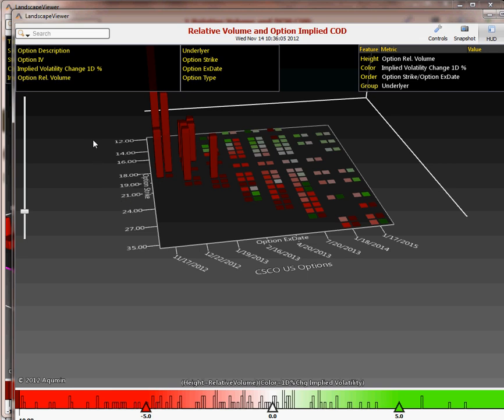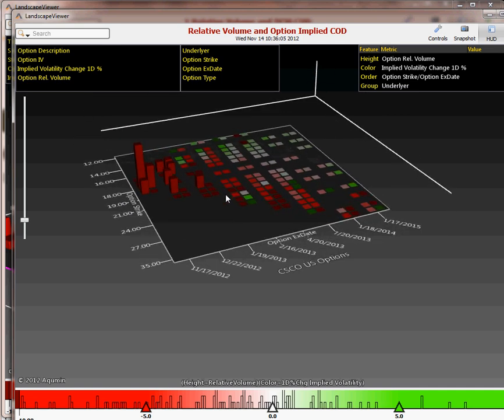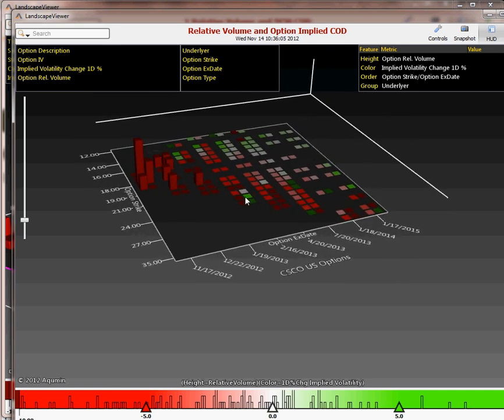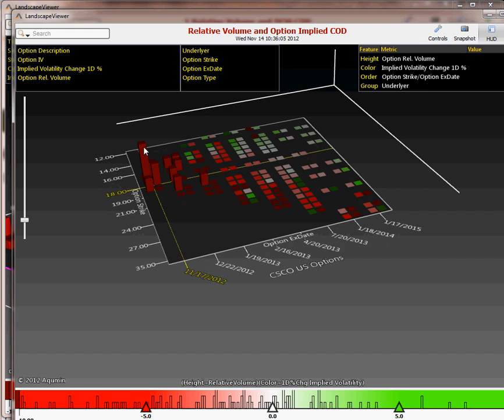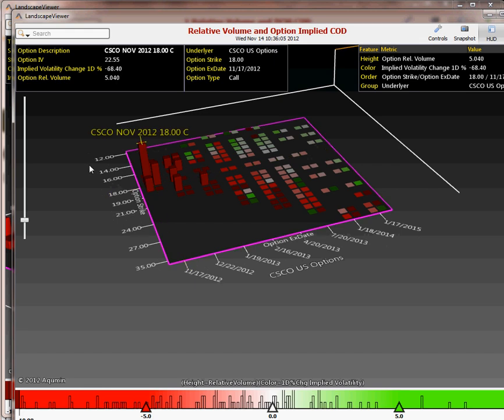Then we divide the actual amount of volume for that option by that expected or relative volume. That way we can keep these graphs consistent. So obviously Cisco trades more than a lot of other companies, but since it's a relative volume, we can see where these options are trading versus where they normally trade.